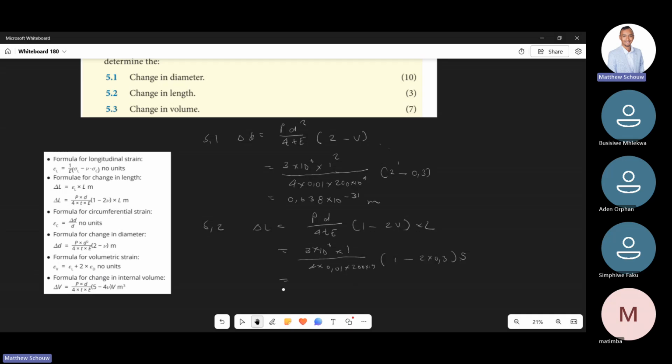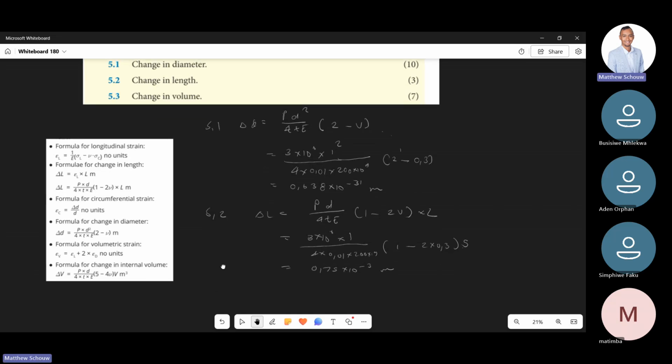Which is the length. So it's gonna be 0.75 times 10 to the power negative 3 meters. That's it. That's how simple this is.